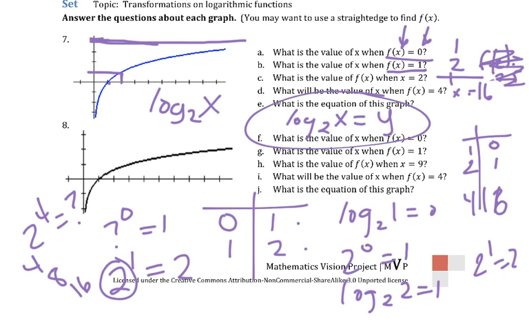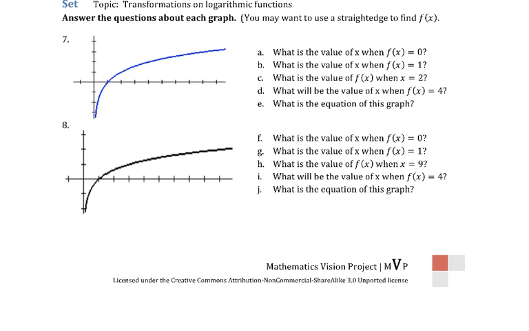Alright, let's try number 8 now. So number 8, what is the value of x when f of x equals 0? So our x-intercept is 1. Okay. So that would be 1, 0. What is the value of x when f of x equals 1? So if we go over here, looks like that's at 3 to me.